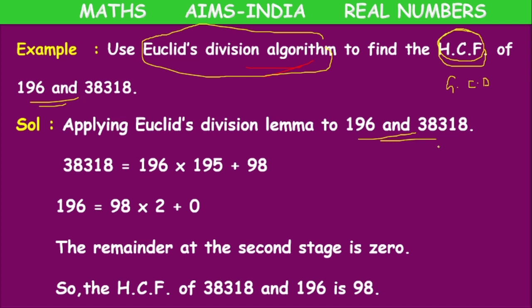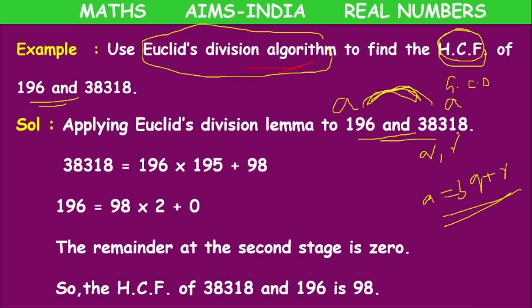What we have learnt in Euclid division lemma is that for two positive integers A and B, there exist two more integers Q and R such that A equal to BQ plus R. Now they have given integers A and B. The bigger value we take as A. A value is 38,318. B value is 196. Two values are there.